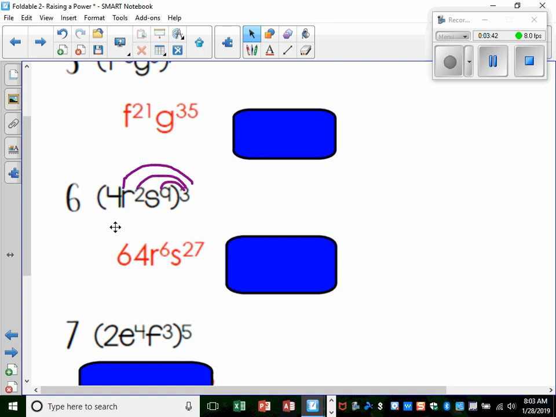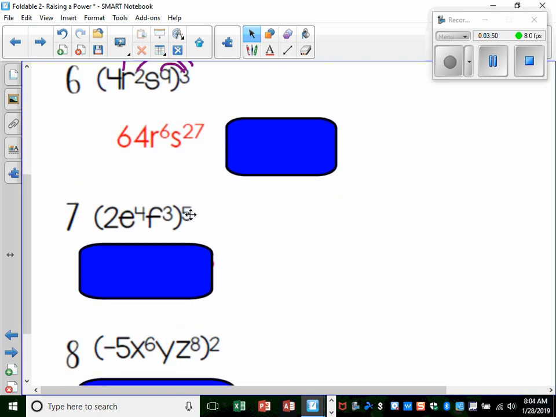Okay, so sometimes you have more than 2 factors in here. You could have 3 or more. So we're going to do the same thing here. That 2 has an exponent of 1. So that has to be raised to the 1 times 5, 5 times 4, and 5 times 3.